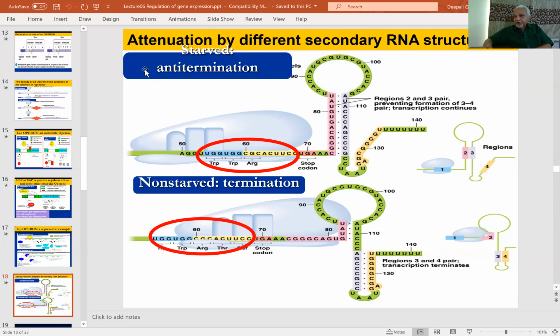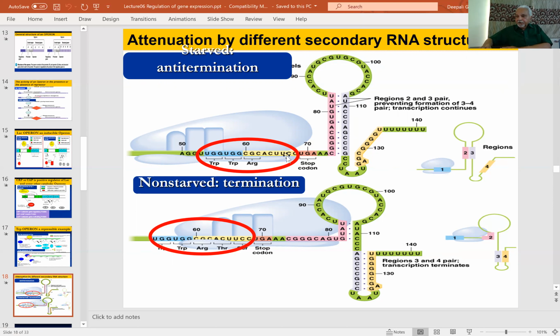So what happens when the cell is starving and there is no tryptophan, then the RNA polymerase is transcribing, and you have these regions 1, 2, 3, and 4. These are the regions which are capable of forming pairing. I mean, this is the mRNA region basically.